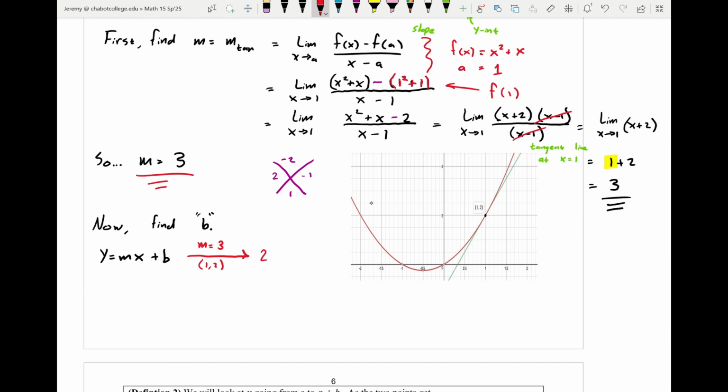Okay, so this is going to be 2 goes in for y. This is equal to m, which is 3, times x, which is 1, plus b. So see how I just substituted in those values that I have? And let's solve. So 2 is equal to 3 plus b. Subtract 3 from both sides. I get negative 1 is equal to b.